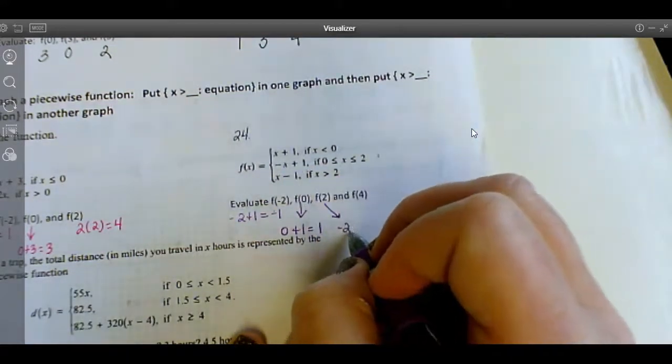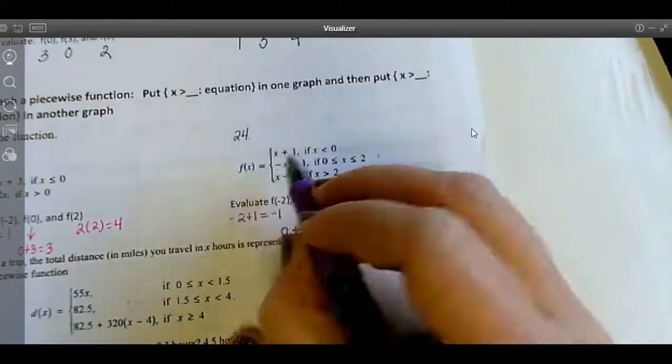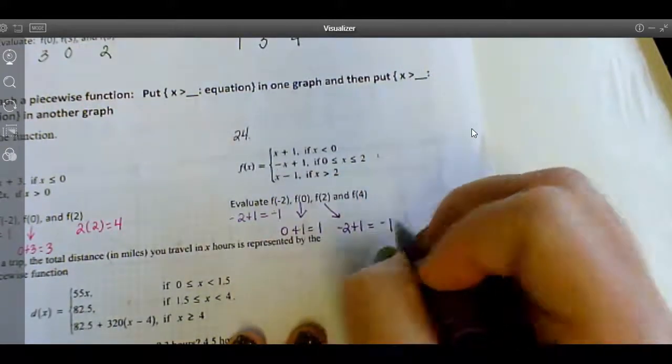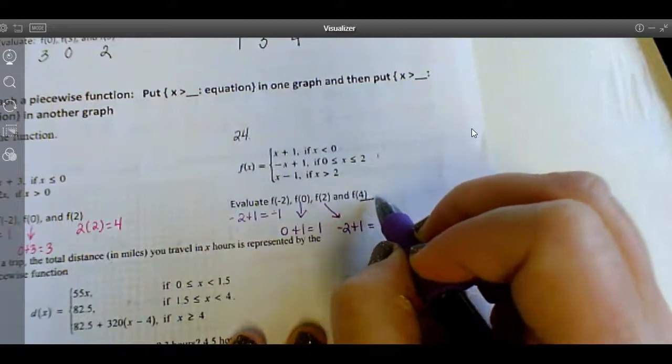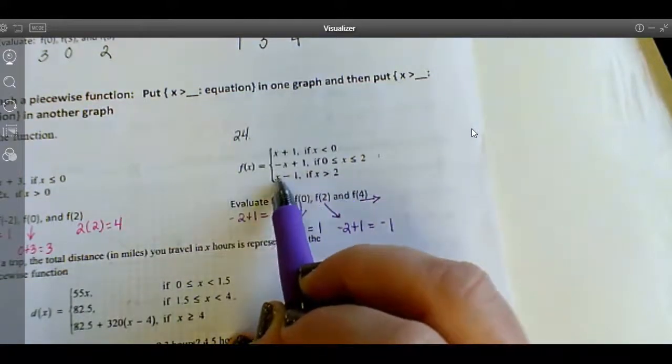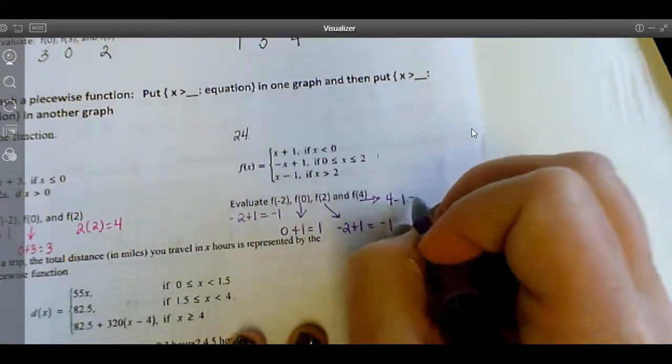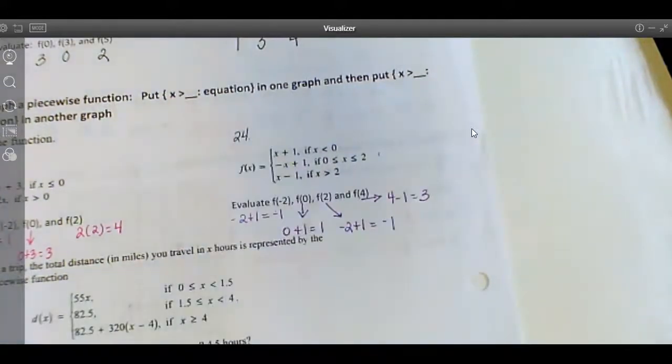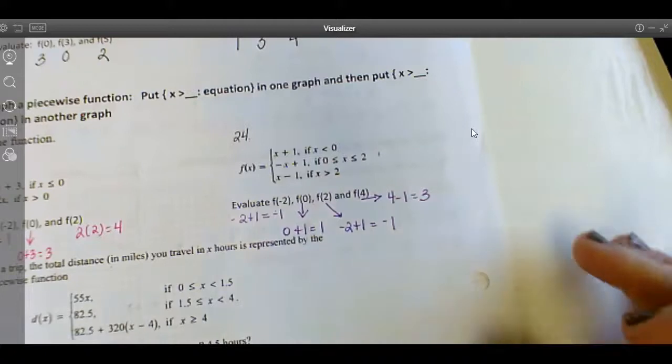So it's going to be -2 plus 1, because I just have to put a negative in front of it. And then the last one is f of 4. 4 is greater than 2, so 4 would fall here. So 4 minus 1, which is 3. I just wanted you to see what that would look like if there were 3 equations, but it's the same process.